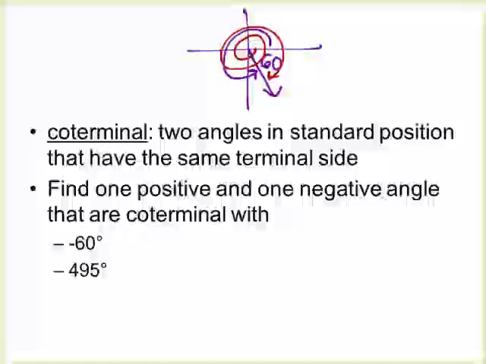So how big is a circle? 360 degrees. So to find coterminal angles, we are going to add and subtract circles to our angle, or add and subtract 360 degrees. The directions say that we need to have one positive and one negative answer. So I'm going to begin by, for the first one, adding 360 degrees. That gives me 300, which is a positive answer.